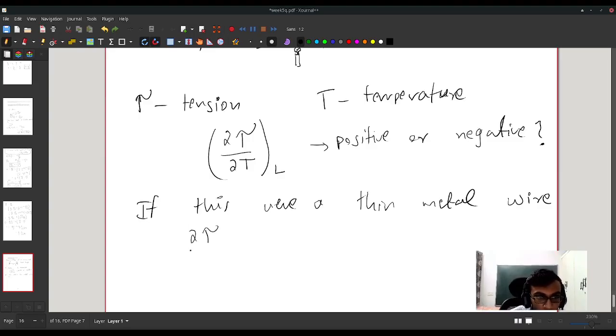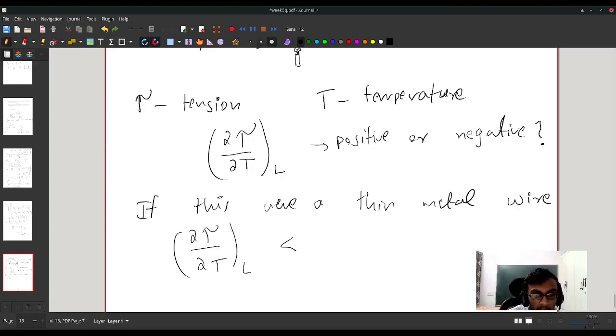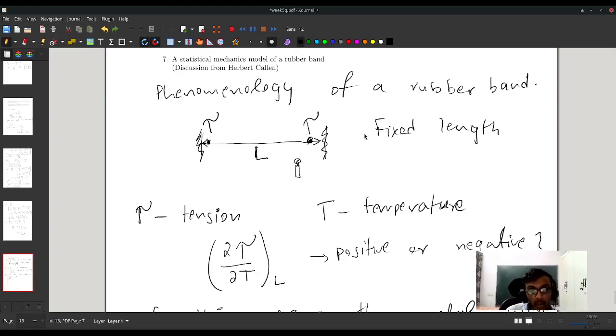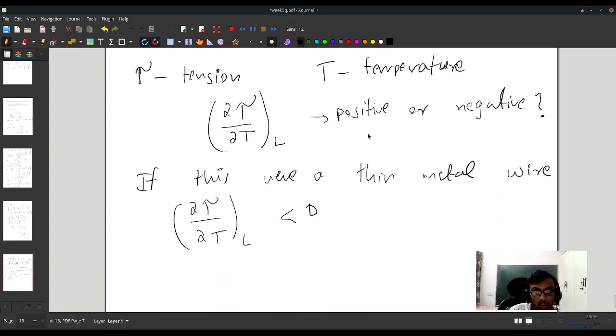Once you heat the wire, it would want to expand, but this is at a constant length, so the tension would be relaxed a bit. Yes, that's right. So we would expect that this quantity is negative if this were a metal wire.